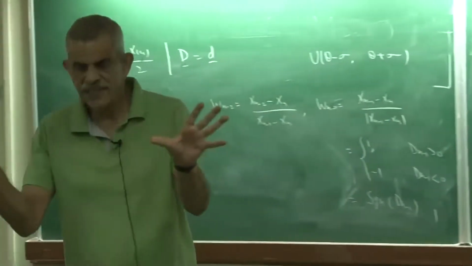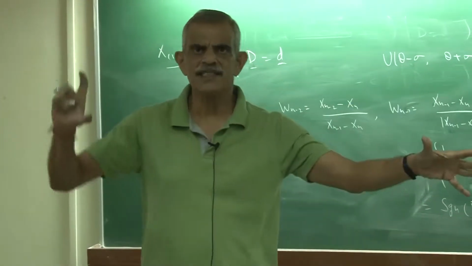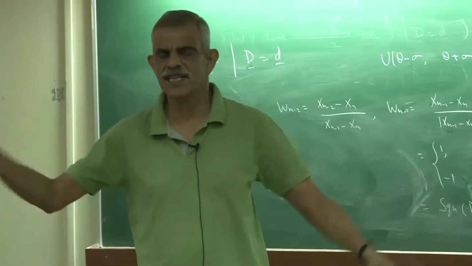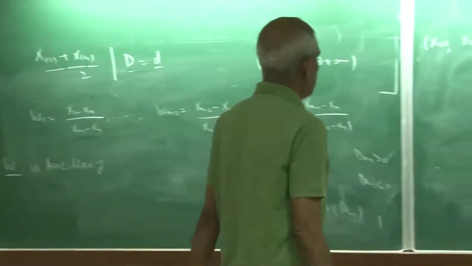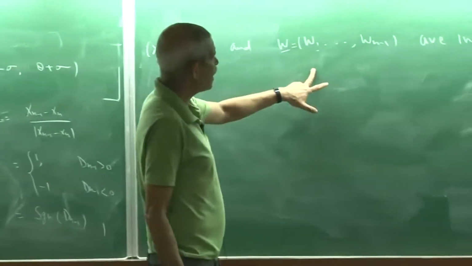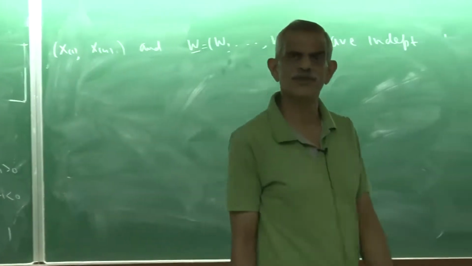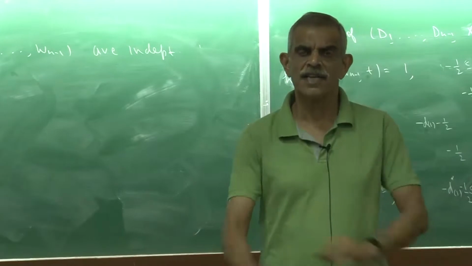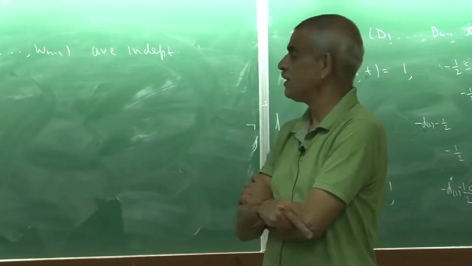Now I know that if random vectors x and y are independent, then psi1 of x and psi2 of y are also independent for any functions psi1 and psi2. So if I can show that d1, d2, dn minus 1 are functions of w1, w2, wn minus 1, that would prove that x1, xn and d are independent.